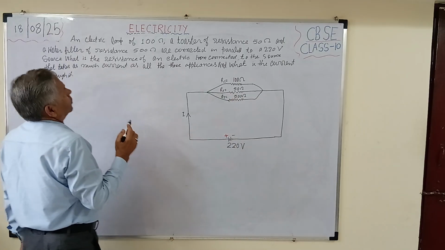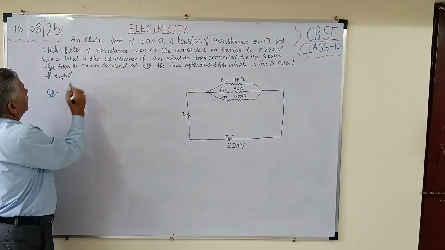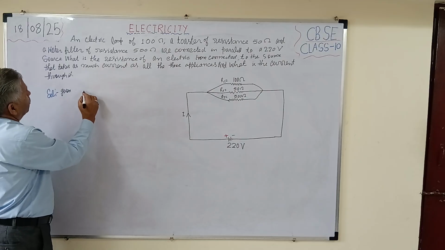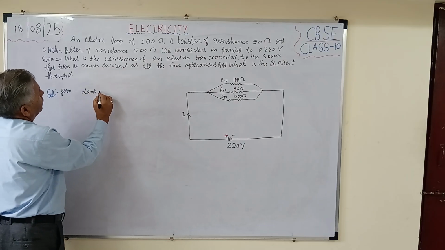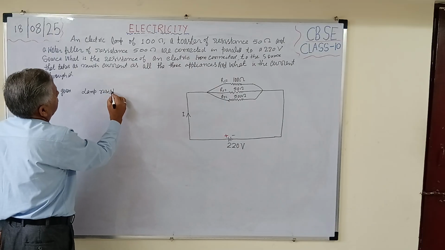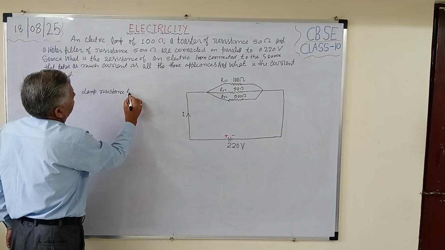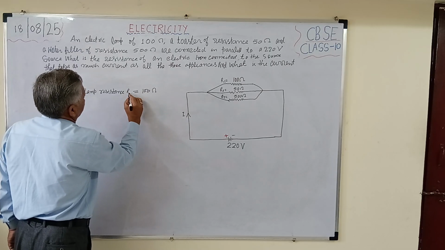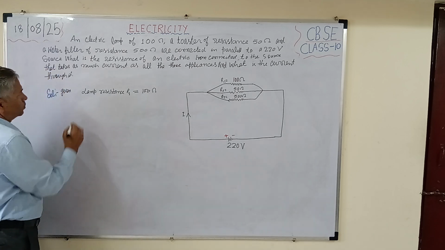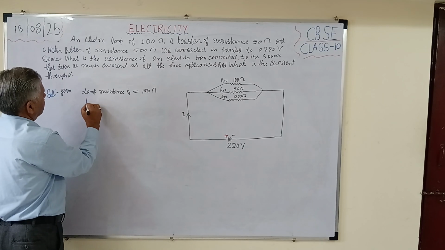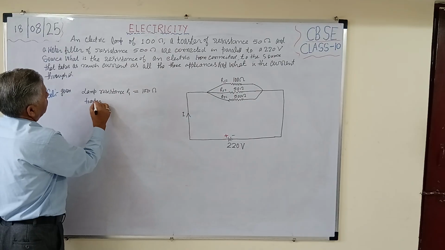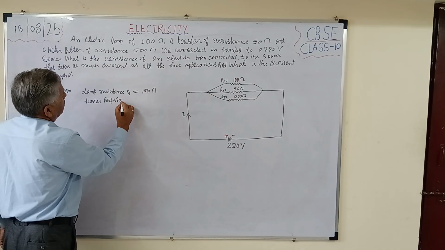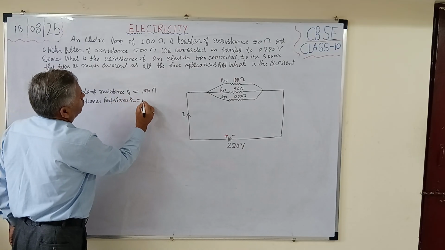So first, let us note what is given. Lamp resistance R1 equals 100 ohm.